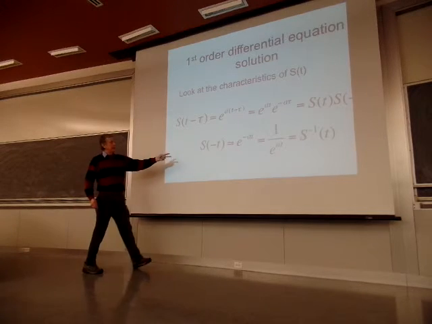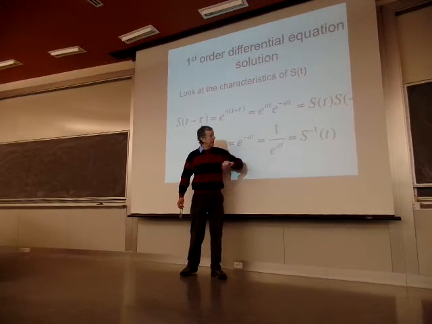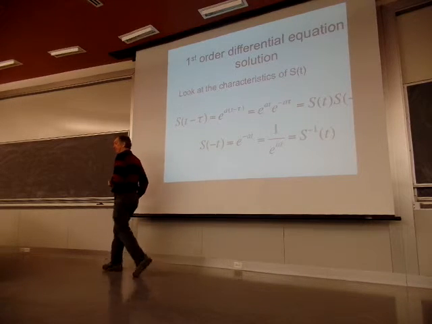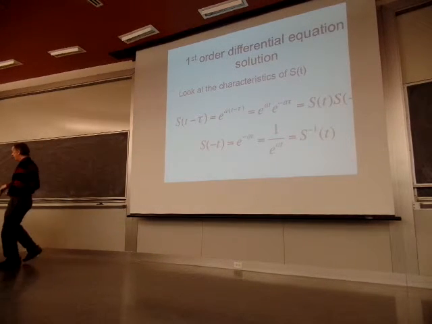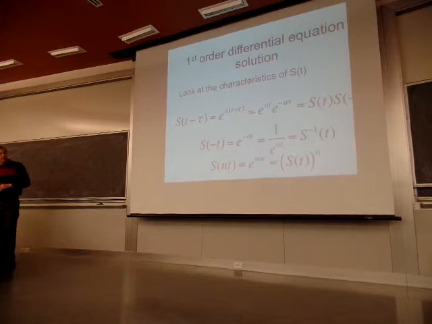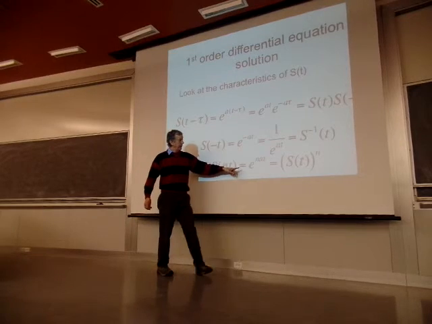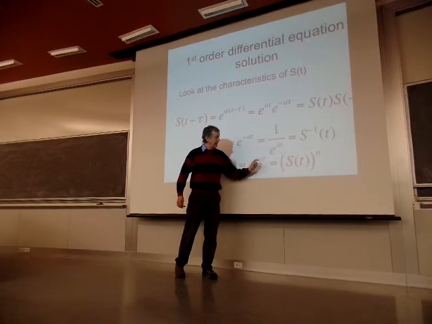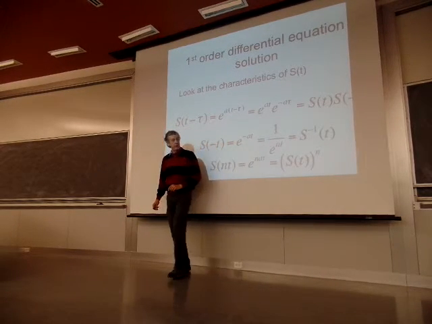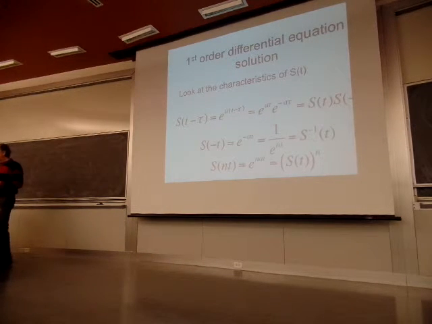For negative ones, well, it's e to the minus At. Well, that's 1 over e to the At, or the inverse of S. It's all 1 by 1, so it's pretty simple to see. And if I take it to some scalar power, S to the nt, well, that's e to the nAt, which is taking my solution S of t to the nth power. Makes sense for 1 by 1, so e to the At.